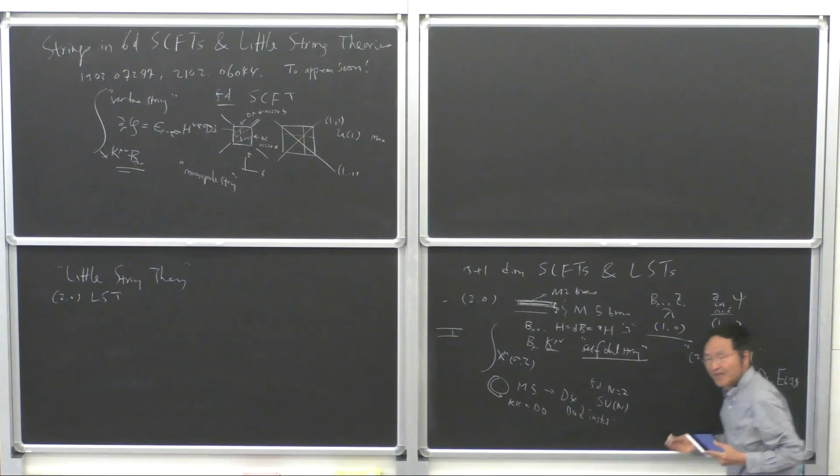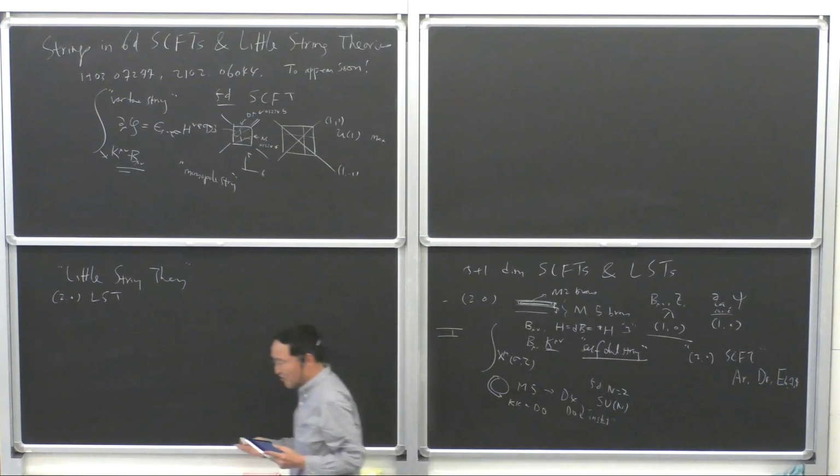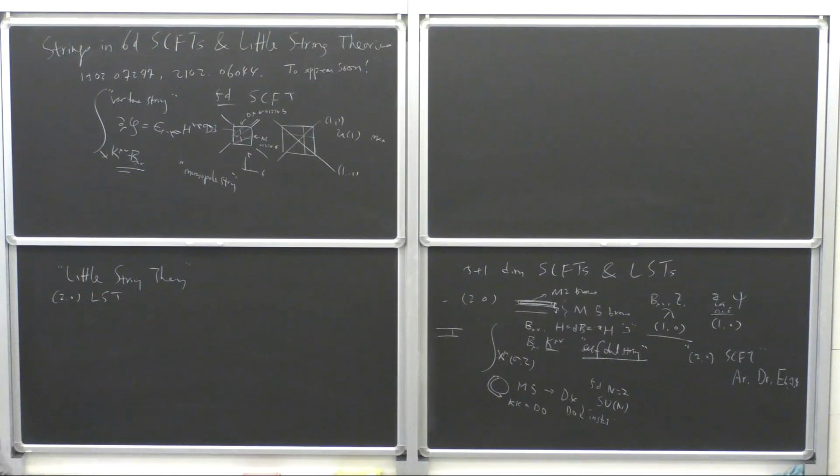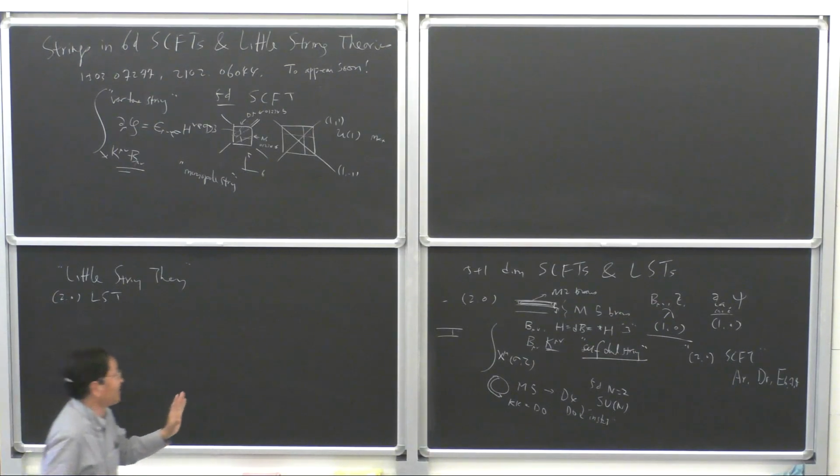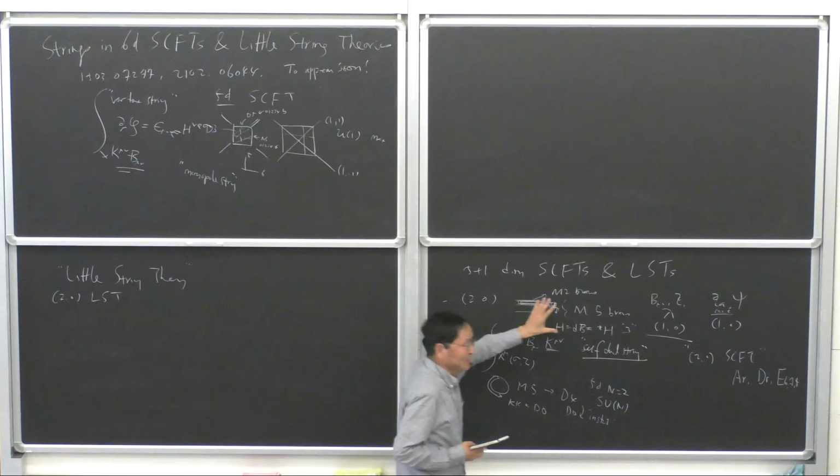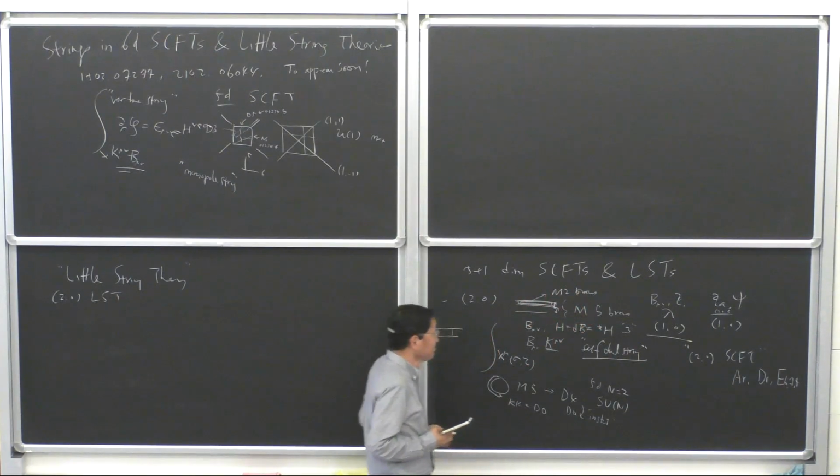They are all simply-laced Lie groups or algebras. So there's naturally a corresponding conformal field theory, but there's no Lie group, say. But the Dynkin diagram sometimes captures the physics of these theories.